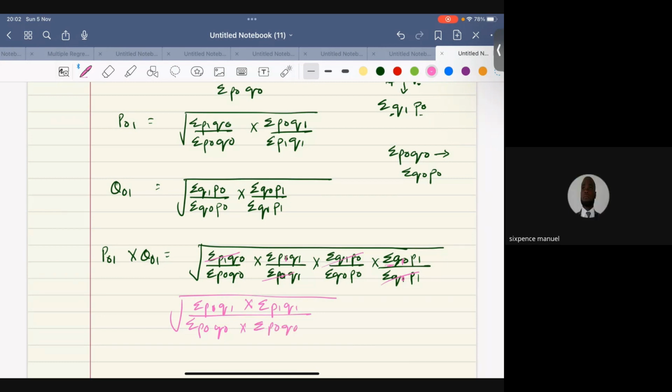Okay. So what do you get? Outside, it will be sigma P1 Q1 divided by sigma P0 Q0.